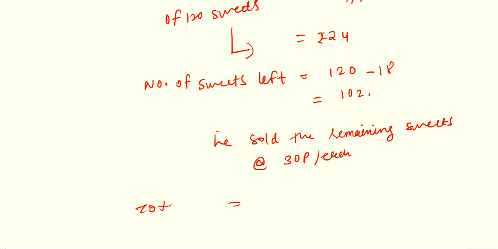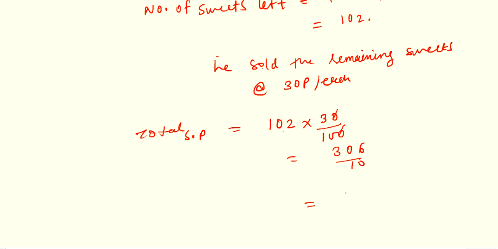So the total selling price is 102 sweets into 30 paise. We will convert 30 paise into rupee, so we divide by 100. The zeros get cancelled. Then 102 into 3, 306, divided by 10, we get 30.6.